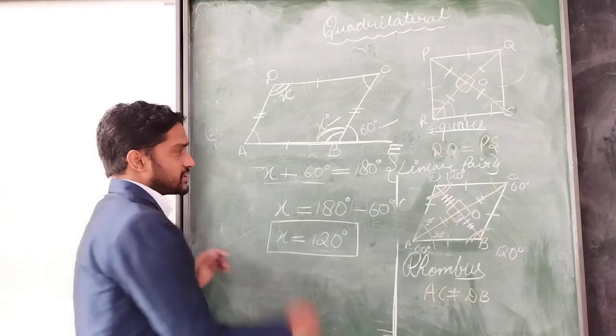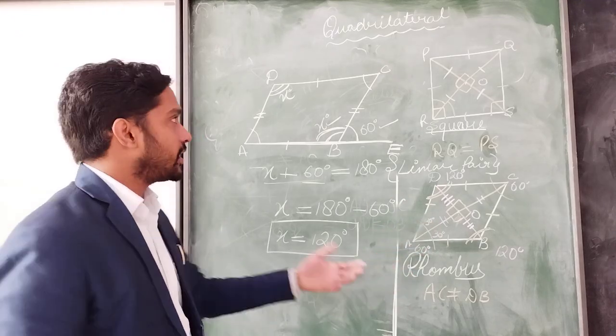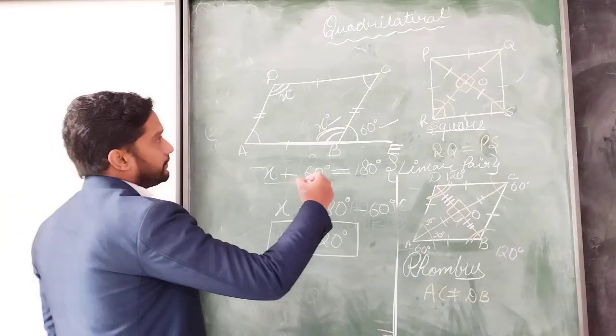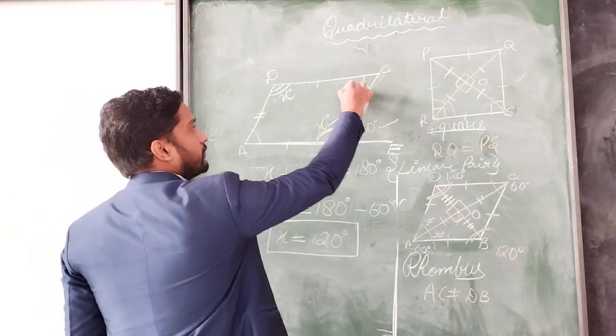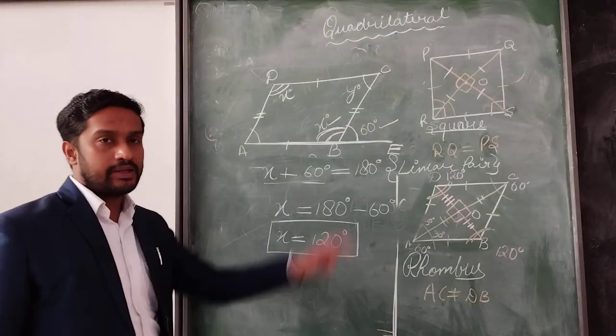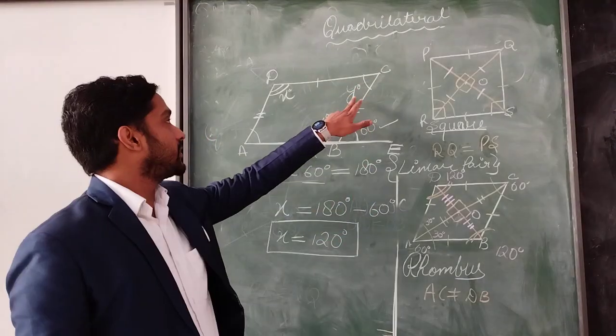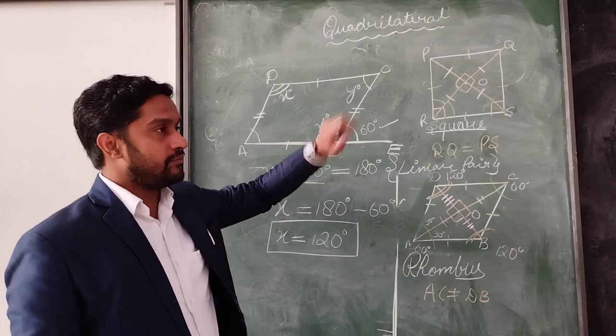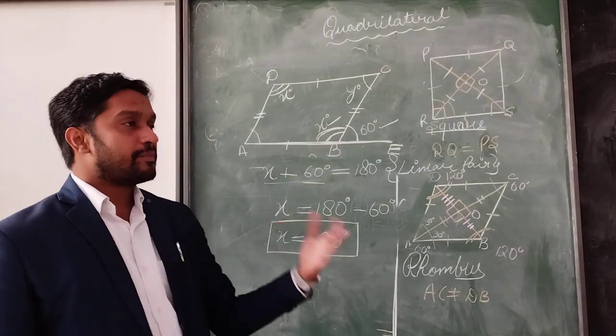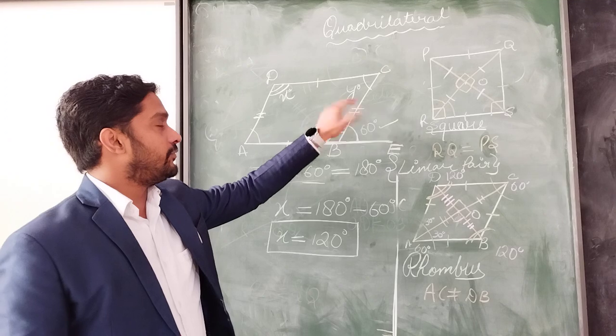On the basis of such properties like linear pair and alternate angles, suppose I asked you to find the value of y. In this question, one more question I have put here: find the angle C, which is y. By using some properties, we can find the angle y.